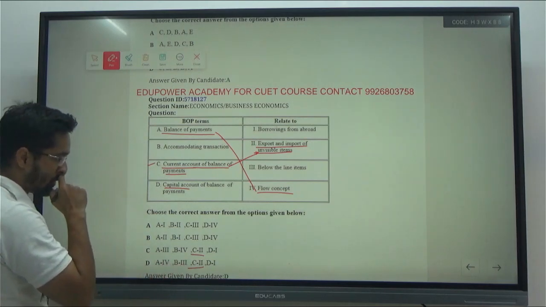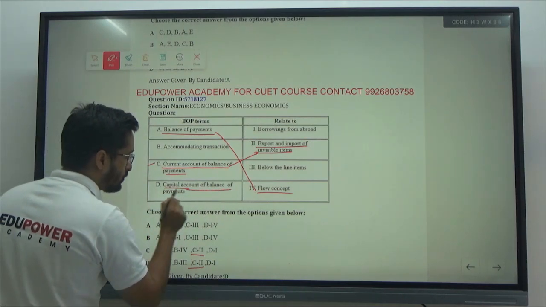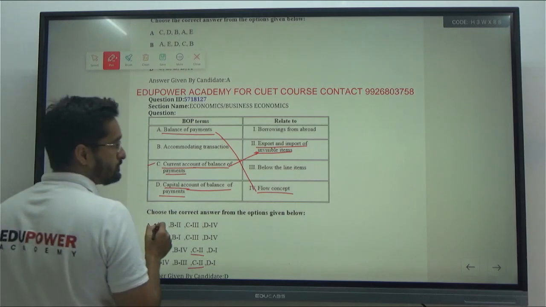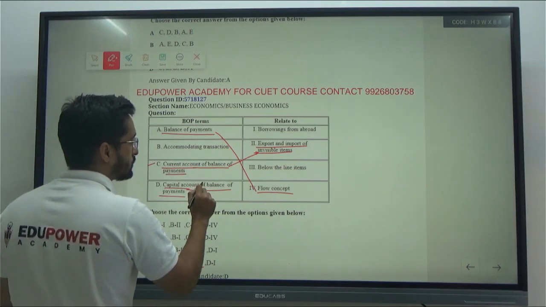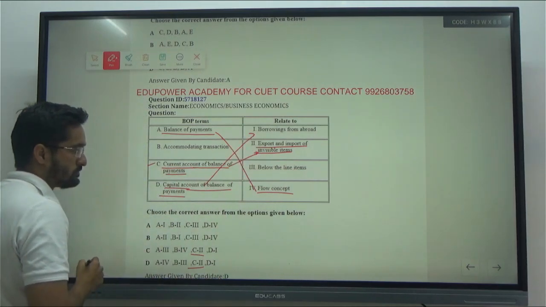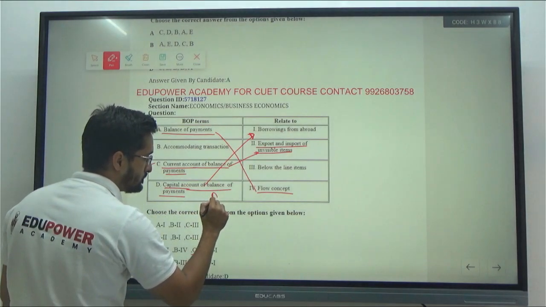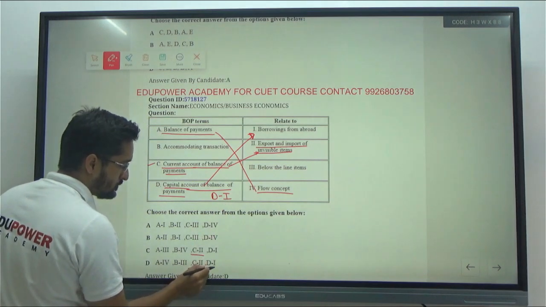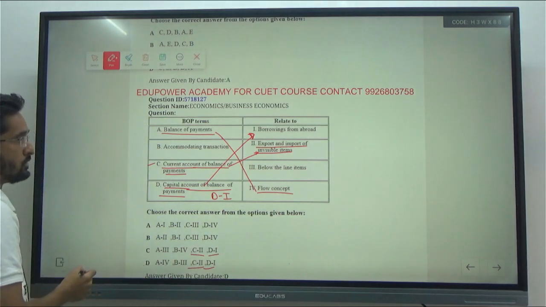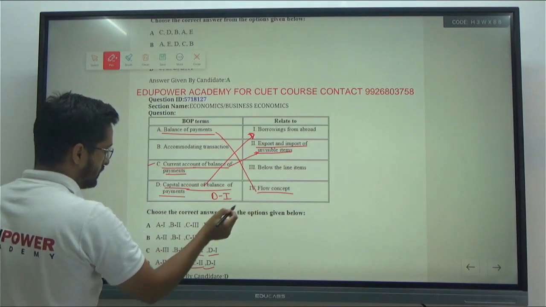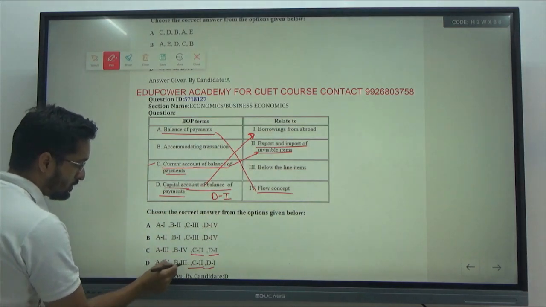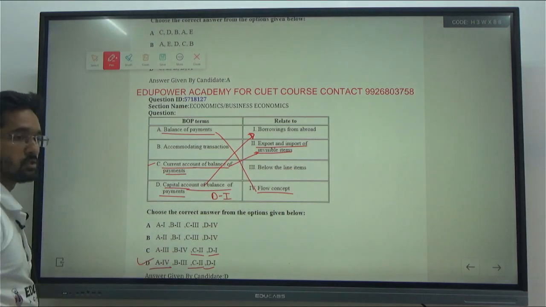Now, capital account talks about the borrowings from abroad, D should be 1. Now, balance of payment is a flow concept, 4. A should be equal to 4. Answer is D.